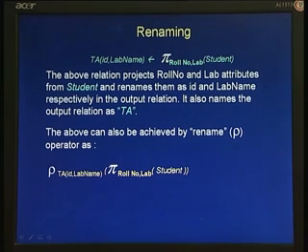So the output of this is another relation with its own name, in this case TA, and with its own attribute names that are different from the attribute names of the incoming relation.